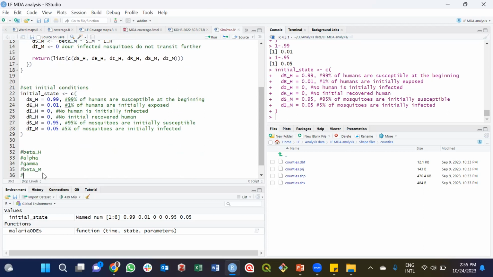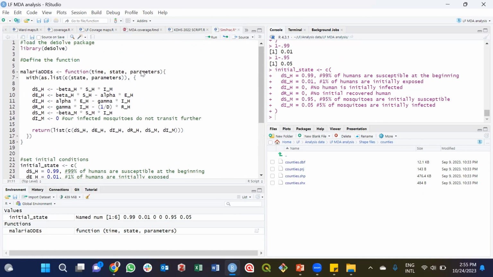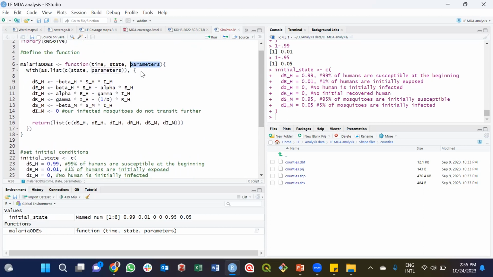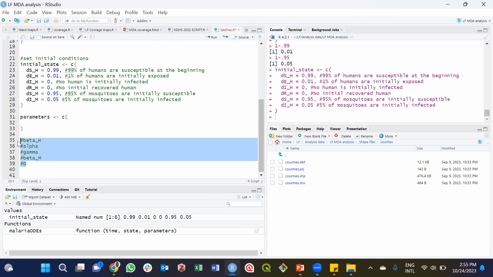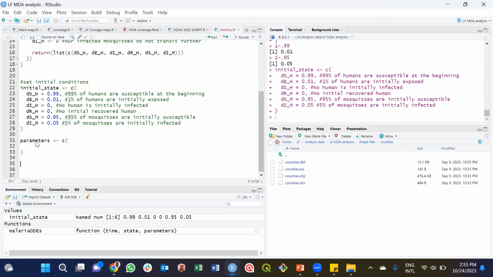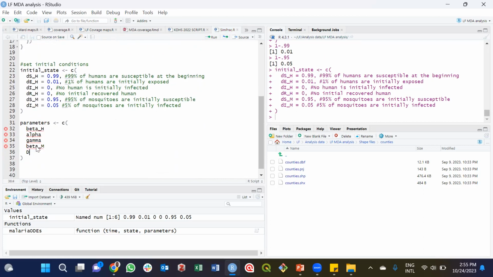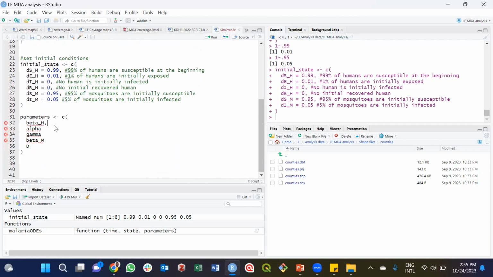So I'll just call them parameters, because you have to call them the same name that you call them here. So just copy, paste, see, that's highlighted, so that means it's the same name. And then convert those up there, and give them their values.